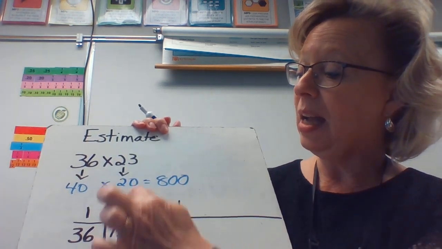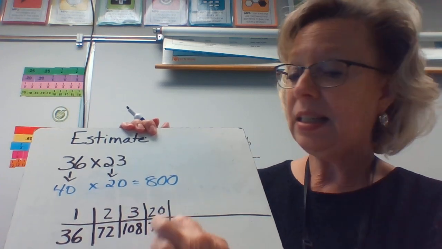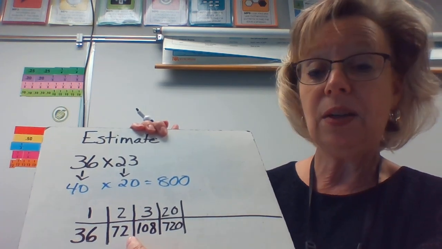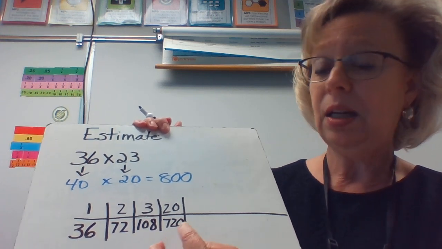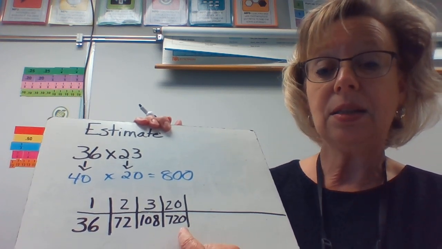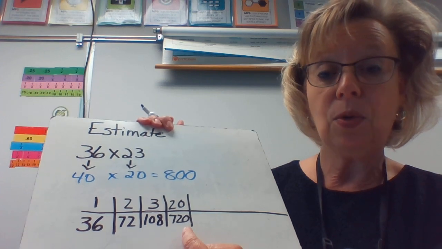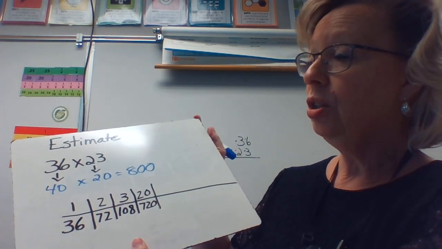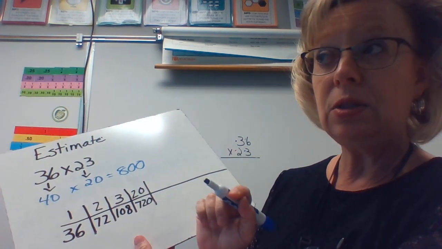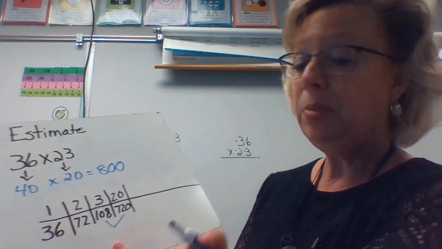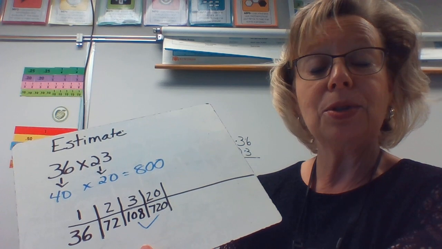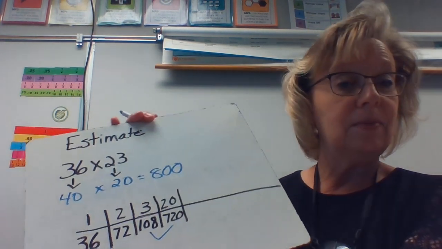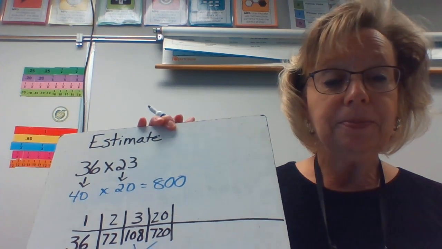Then I just need to figure out 20 times 36. If 2 is 72, 20 is 10 times more, or 720. So my answer to 36 times 23 using a ratio table is to combine those two numbers. You worked on ratio tables Monday and Tuesday.